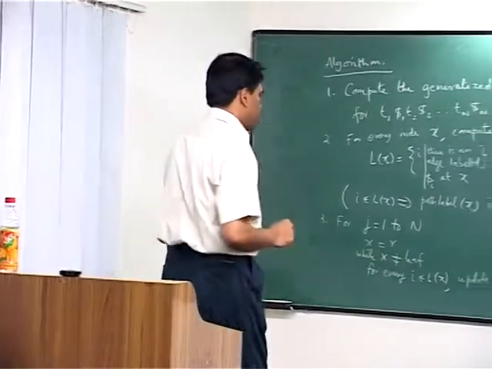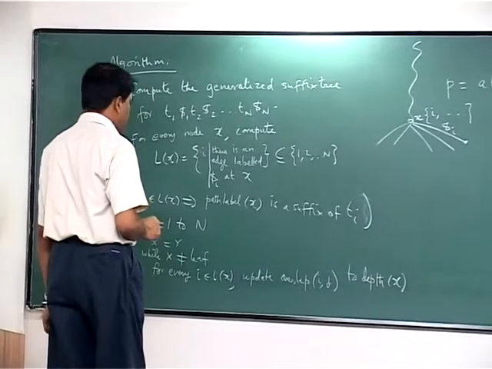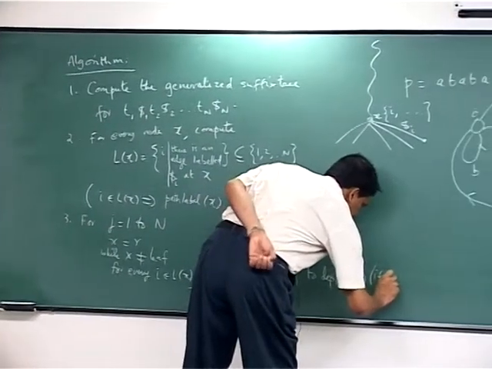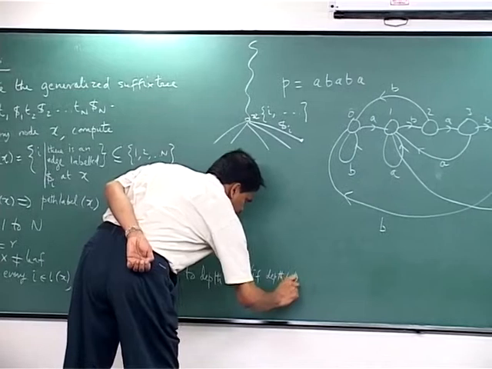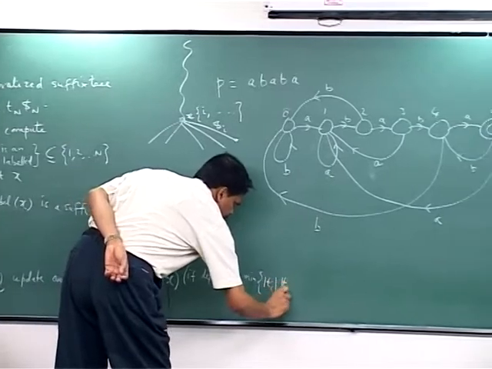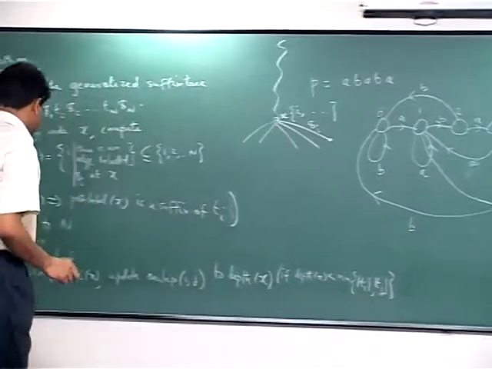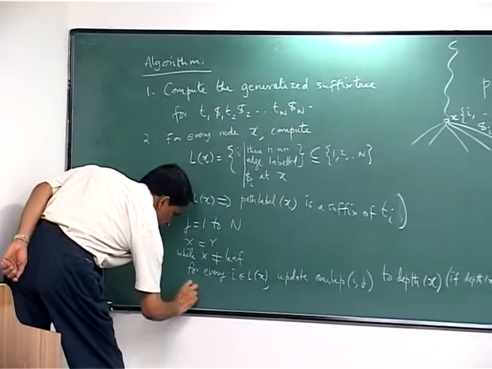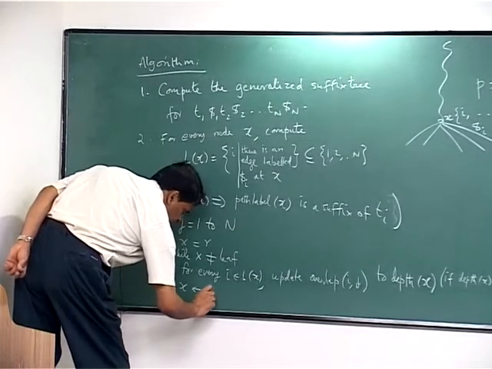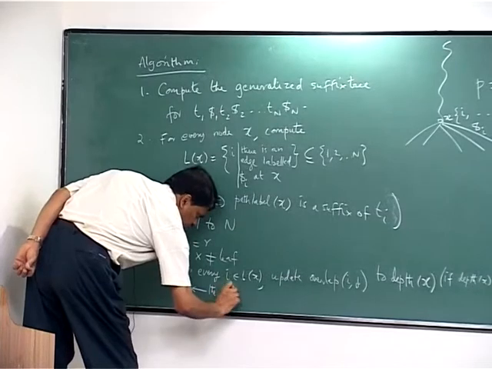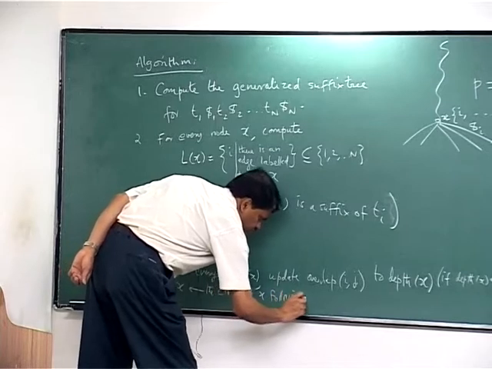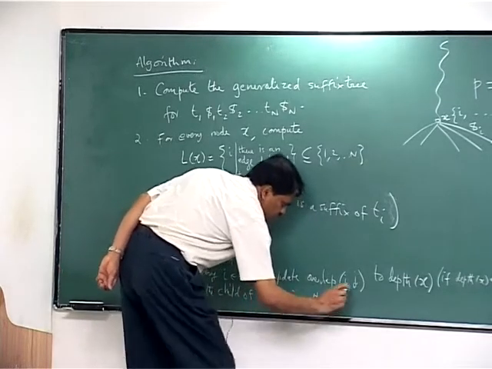Since I am looking for a proper substring, because I am looking for overlap, not generalized overlap, if depth of x is less than min of the child of x following the next symbol of Tj.